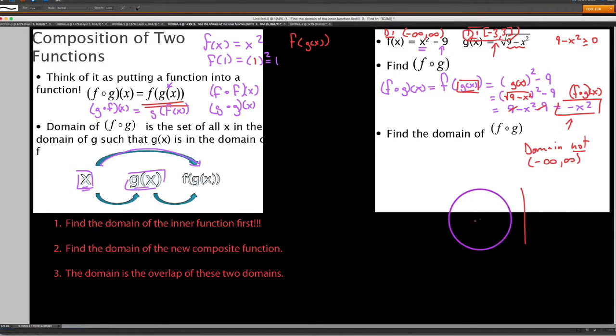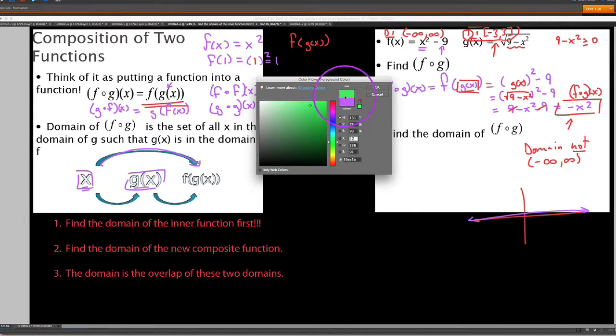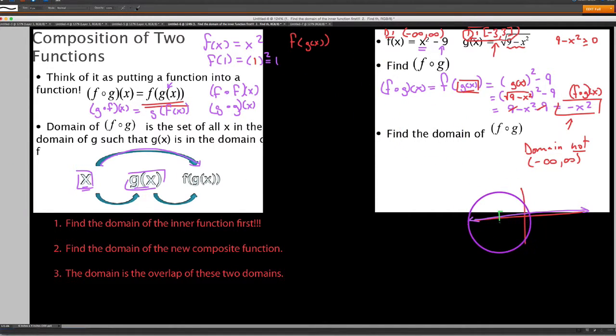So considering the entire x number line here, one function is defined all the way across the number line. That is the composite function. And then the inner function, how about we switch colors here? We'll go with a green. The inner function was only defined between negative 3 and 3. So if we said, where does the composite function exist? It only exists for the overlap of these two functions right here.